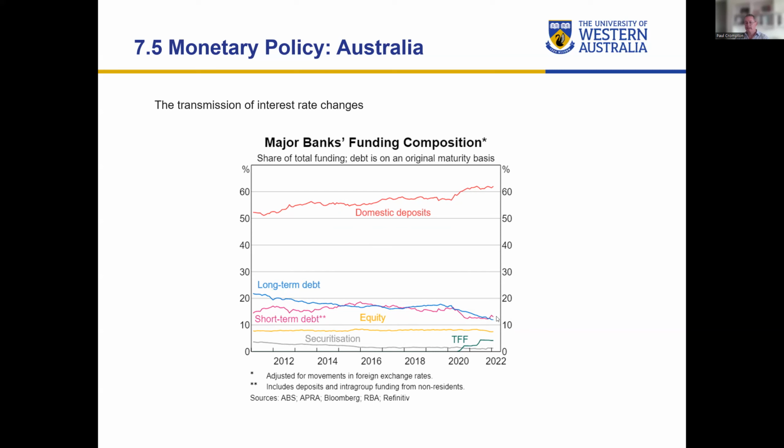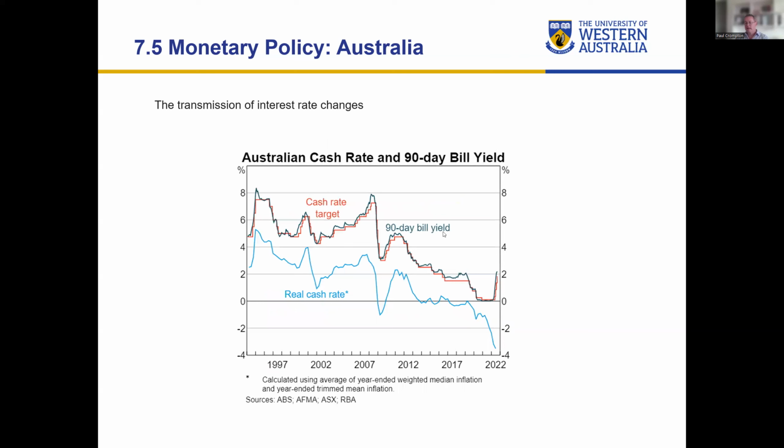If you switched on, you've already got the answer. It's the 90-day bank bill rate, the 180-day bank bill rate, the 30-day bank bill rate. It would be an average of all of those rates.